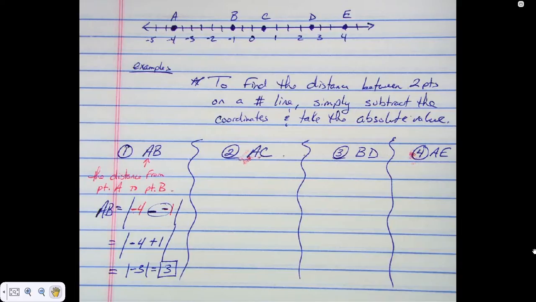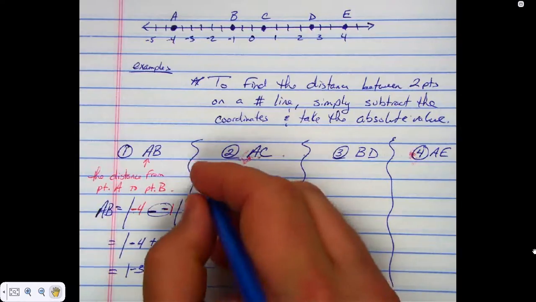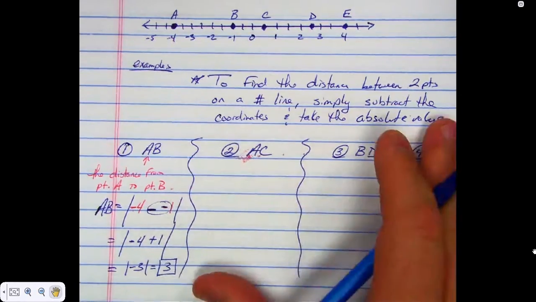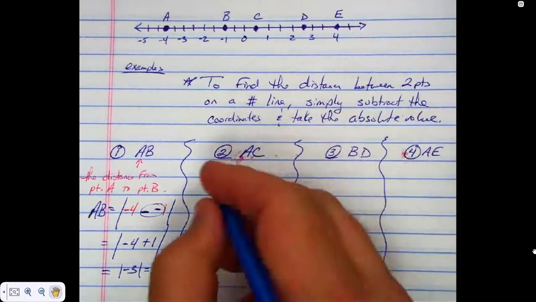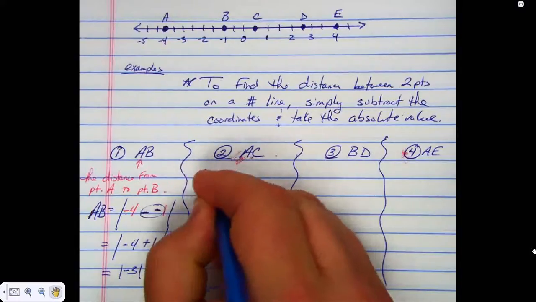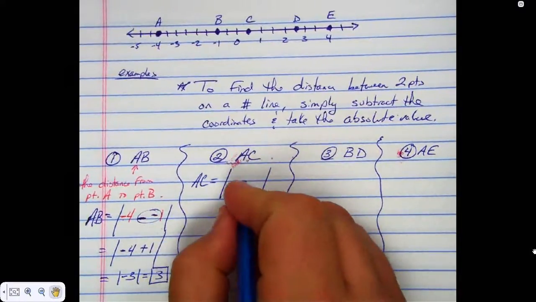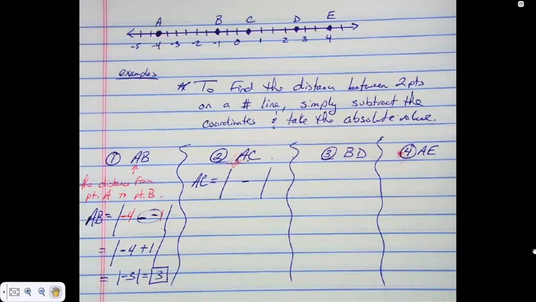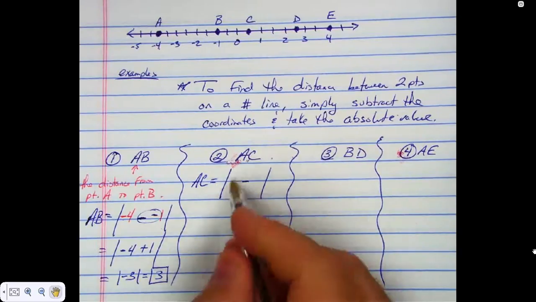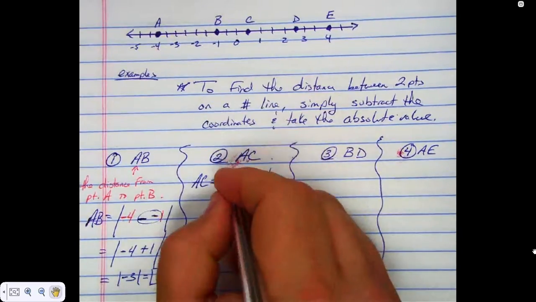Hey, guys, don't write this down. I said wait till we're done, then you can write it down. AC is equal to. Remember, I'm going to write the 2 coordinates down and subtract them. So my subtraction's already in the middle, right? What are the coordinates of A? Negative 4. You guys think this is easy, but you'll do this wrong if you don't pay attention. What are the coordinates of C? 0.5.